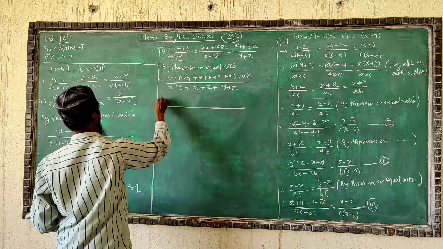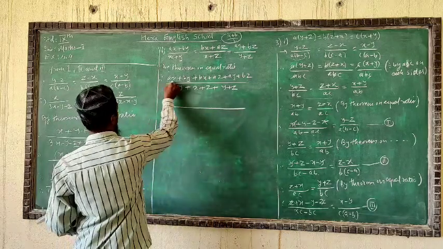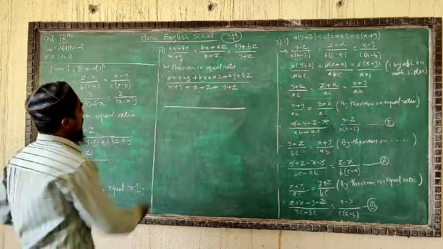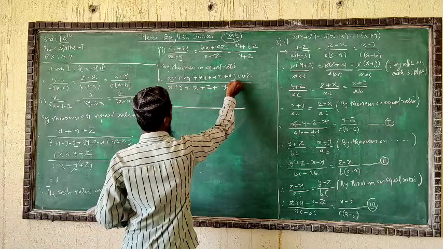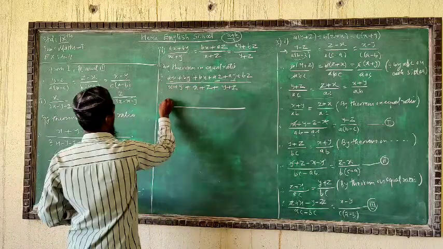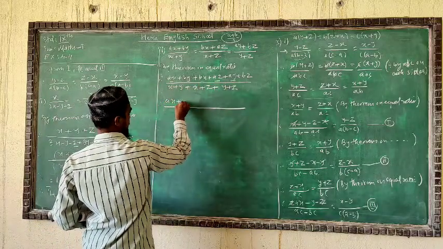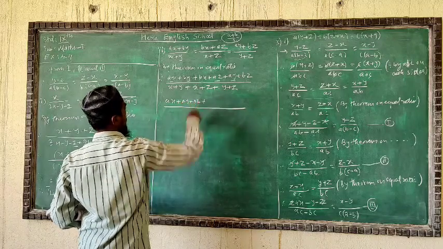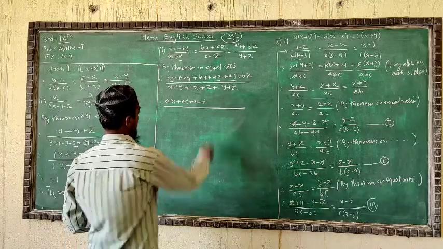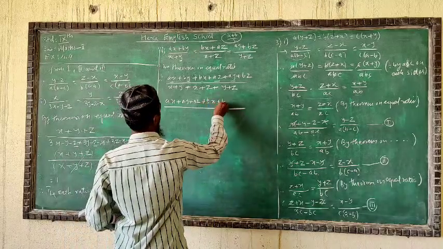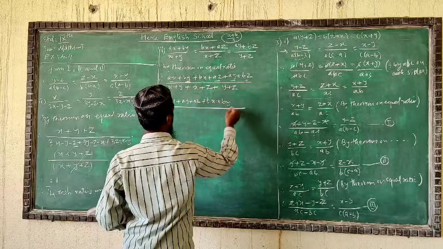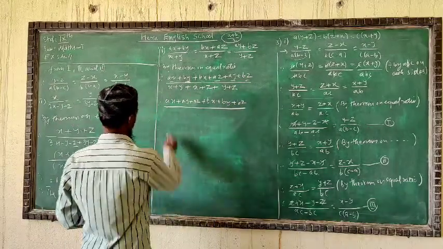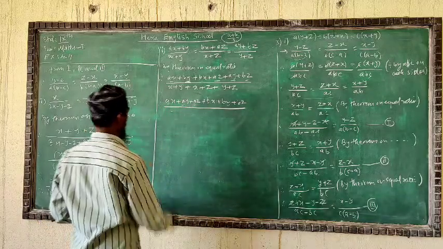See very well everyone, we'll take the ax and bx. Here we have ax, ay and az. We'll take this one, ax plus ay plus az. Next, we'll take bx, by, and lastly bz. Now here we have a as common.